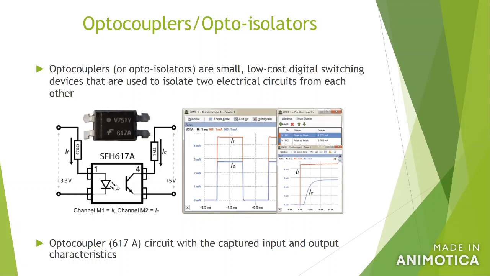By picking up the light, this transistor can convert the light into current. The current will output to the next part. So the optocoupler is a very useful component if you have this kind of requirement for your circuits.